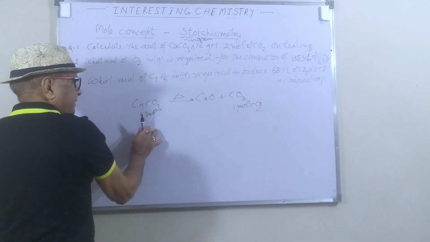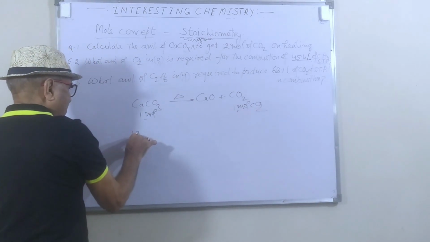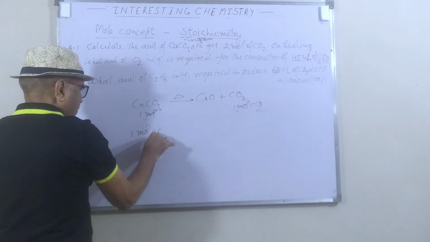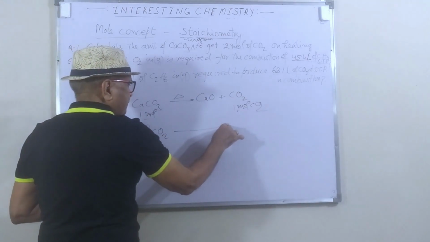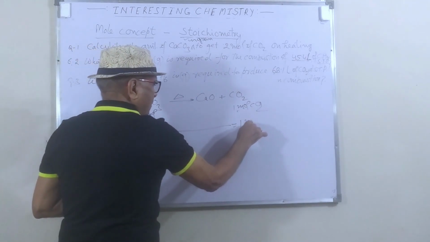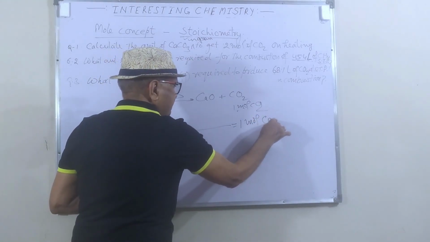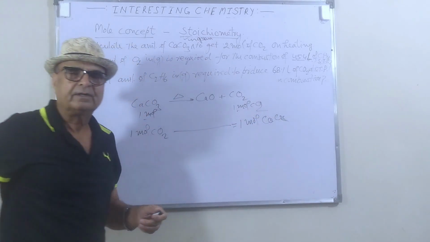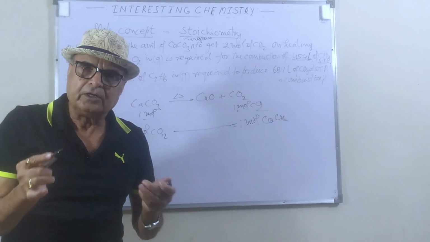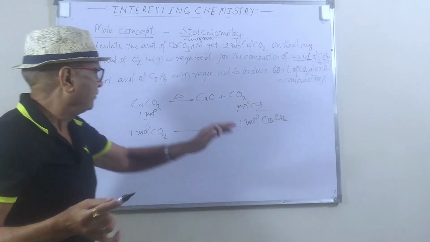So this equation tells us that 1 mole of CO2 is produced by 1 mole of CaCO3. Do you understand what I am saying?